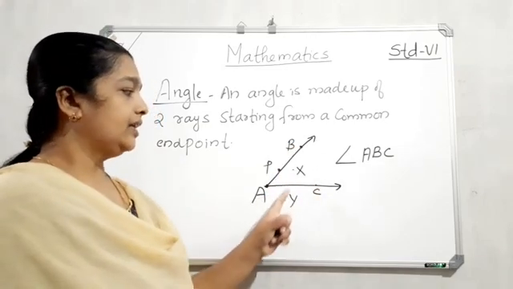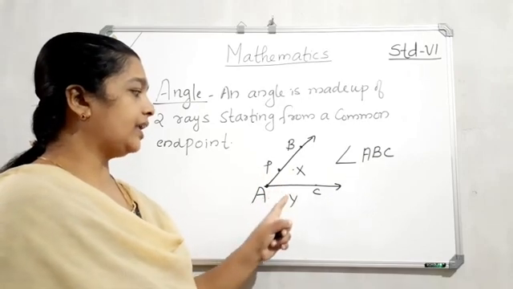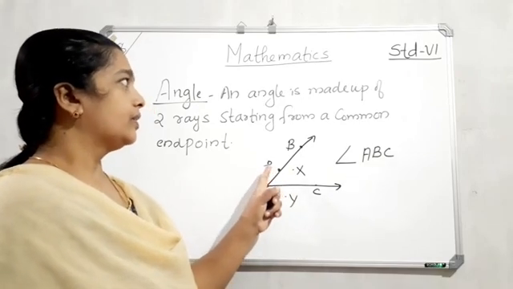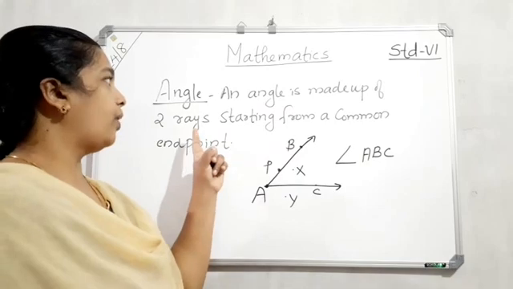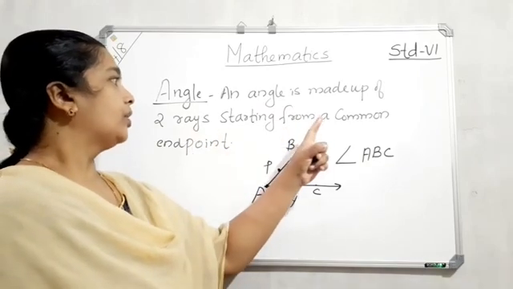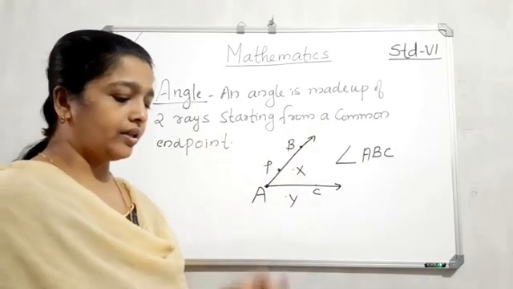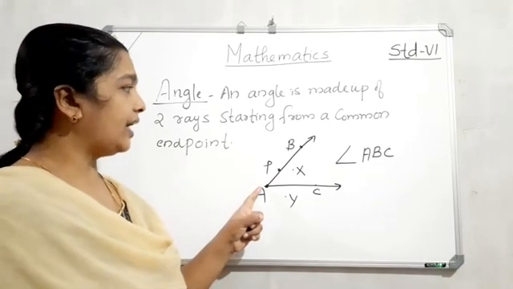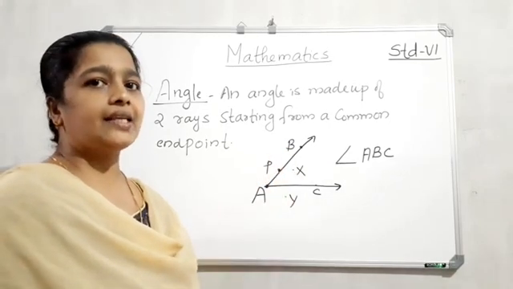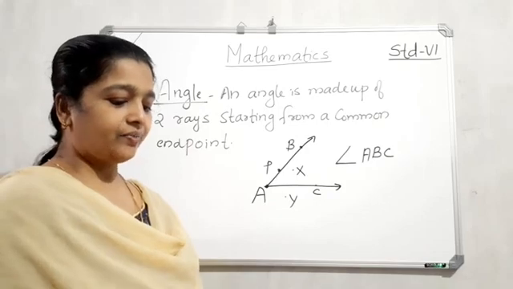So X, Y, P: interior, exterior and on. An angle is made up of two rays starting from a common end point. So what are the rays here? AB and AC are the two rays.